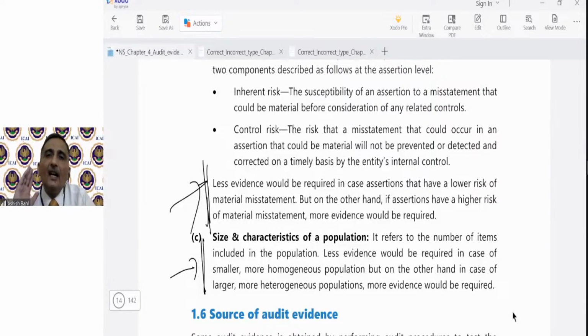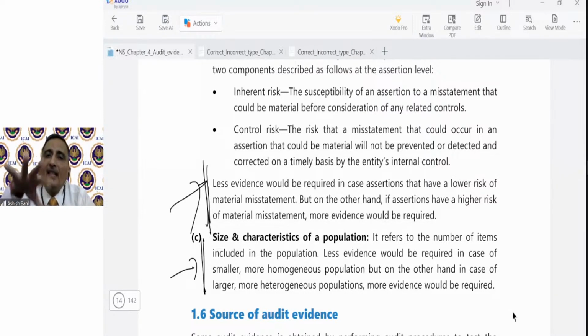However, if there are items under one head of a similar nature, like एक ही टाइप की परचेज की एंट्रीज हैं, so then we call it as a homogeneous population.